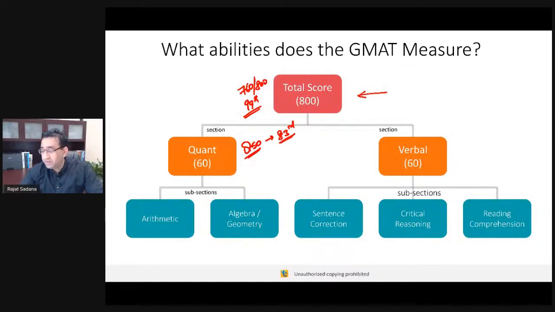When you get a V40, that is equivalent to 91st percentile. So each of these scores has a rank. When you get a quant score, you get a rank out of all the GMAT test takers as to how good you are. When you get a verbal score, you get a rank as well. And similarly, you get the same ranks at each of these subsectional levels.